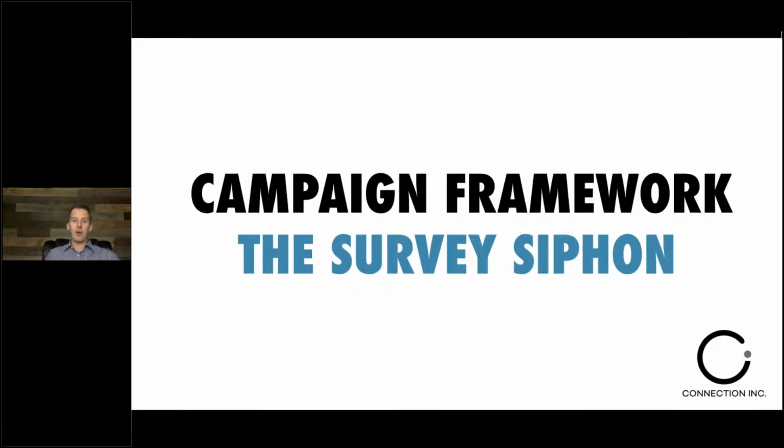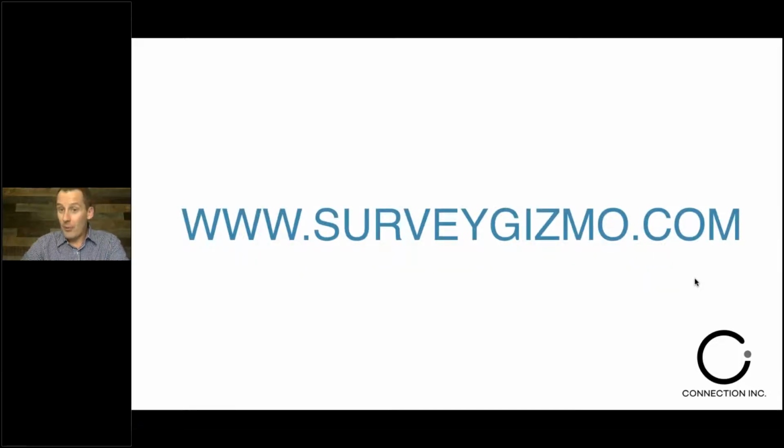All right, cool. So this is the survey siphon, and the reason why we're calling it the survey siphon is because we're actually surveying people in order to get them to come in as leads. And this is very powerful for a number of reasons, but the main reason is that it's an interactive style of lead gen.